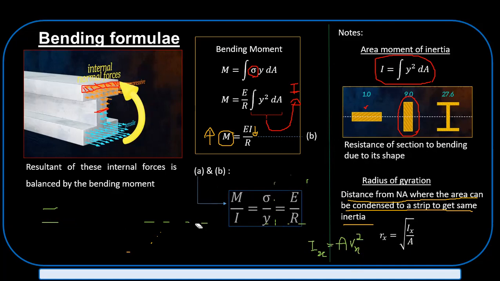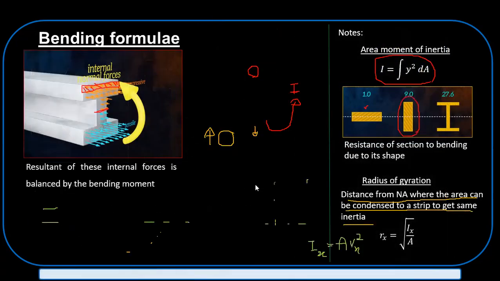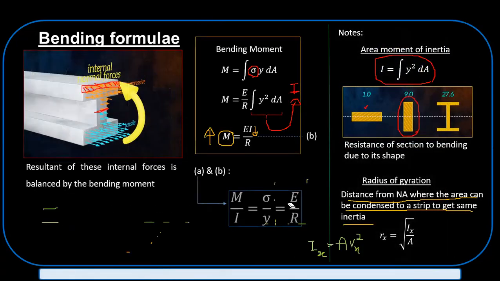From these two equations, you can determine this bending equation. This is the most important formula you will ever remember, right? It is very useful even in design as well.